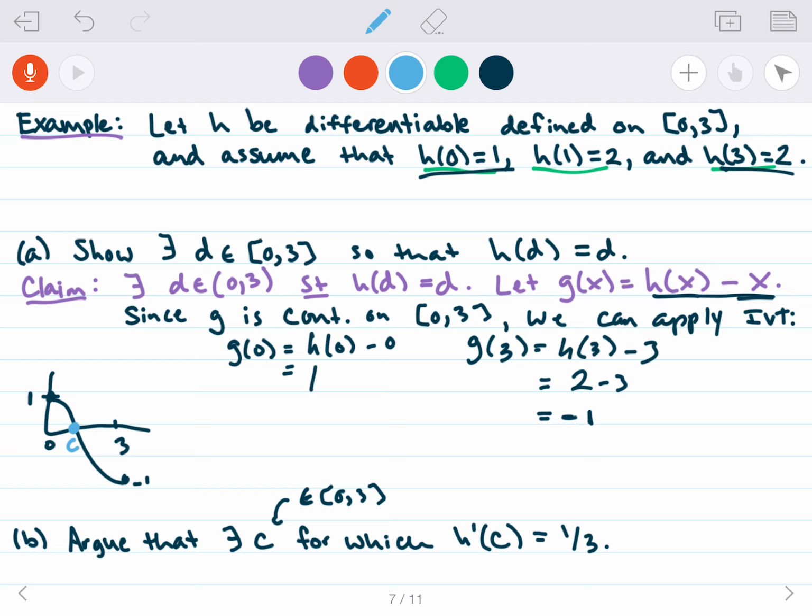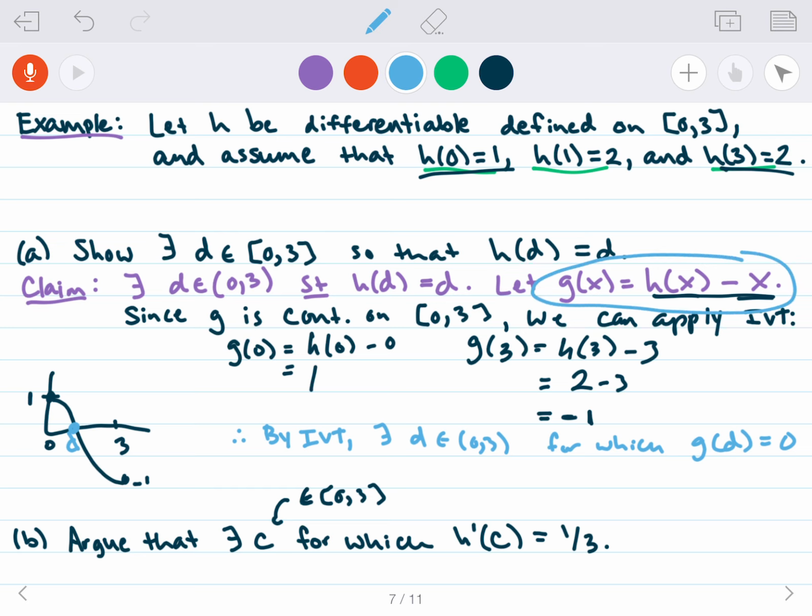Or d in this case. So thus, by IVT, there's some d, I should have called it d there, d in [0, 3], for which g of d equals 0. Okay? And g of d being equal to 0 implies that h of d equals d. Thus, h of d equals d. And so we're done there.